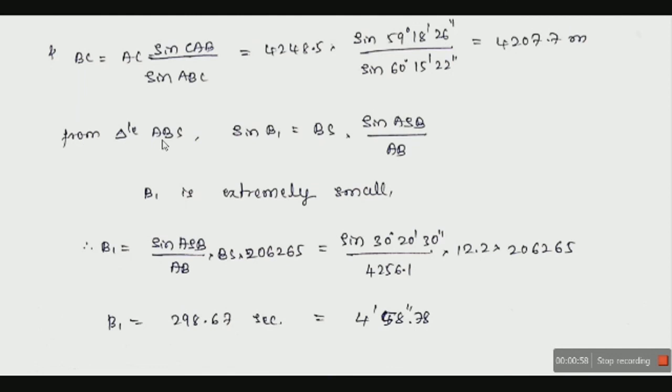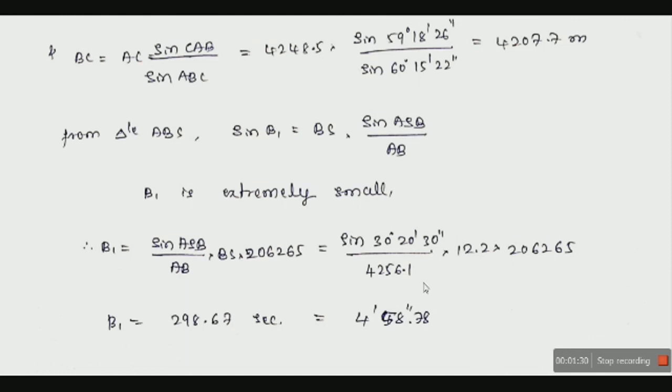For triangle ABS, the sine rule formula is sine beta 1 is equal to BS into sine of ASB divided by sine of AB. Beta 1 is extremely small, as we discussed in the derivation. So our formula will be beta 1 is equal to sine ASB divided by AB into BS into this constant value, which is for converting radians to seconds.